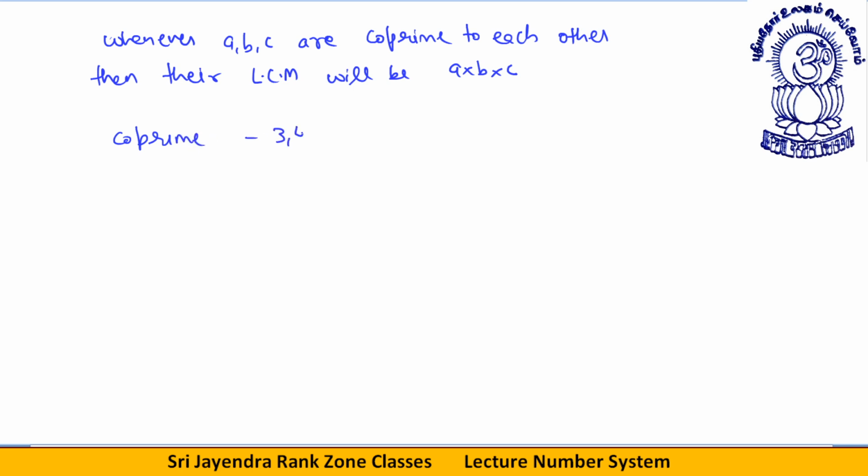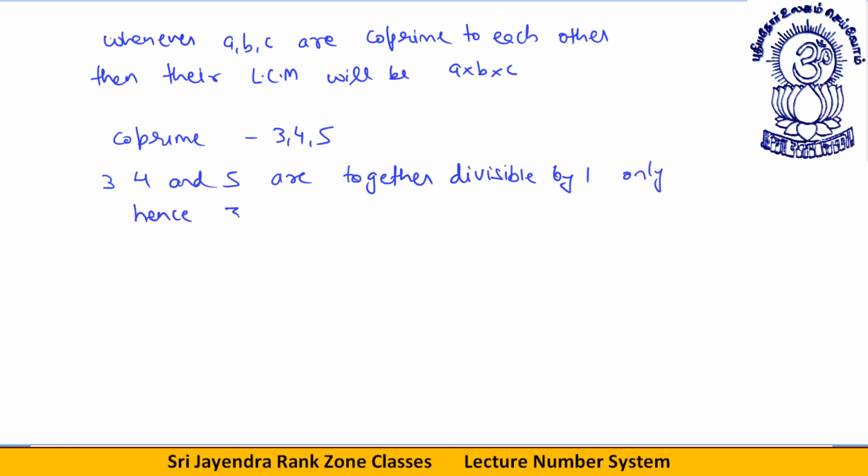Let's say 3, 4, 5. Co-prime means numbers that are together divisible by one only.